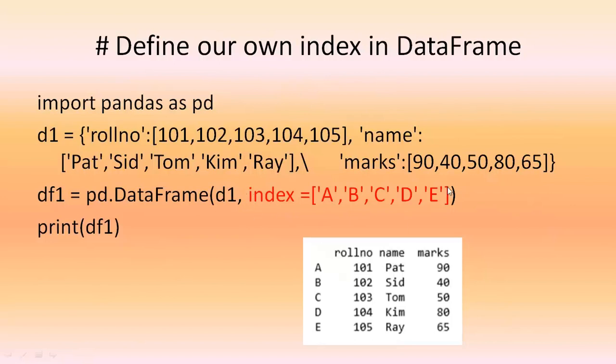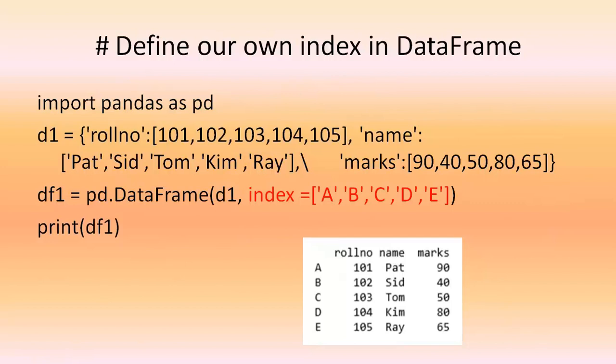If you do not mention it, then it will use the default index, that is 0 1 2 3 4. If you use index and a list, you can define your own index. It may be A B C, it may be 1 2 3, it may be first second third fourth, whatever you want to mention, it doesn't matter.